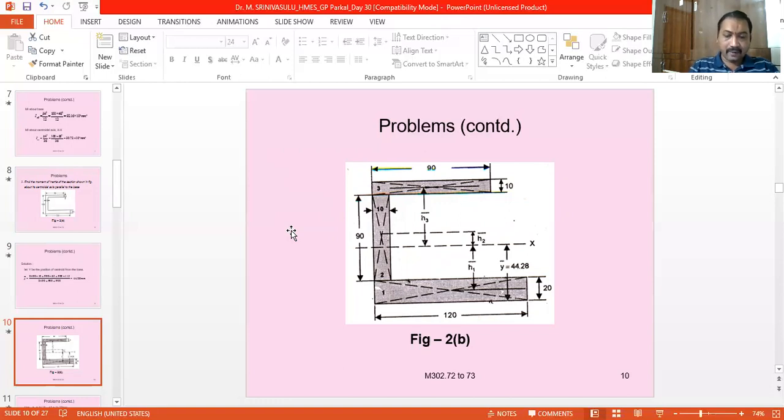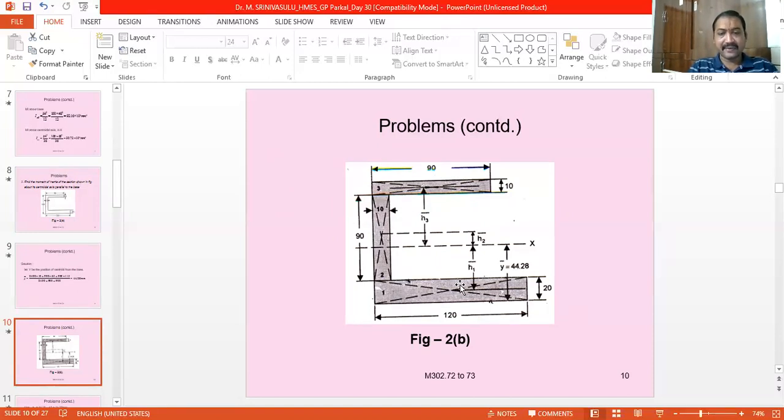If we extend the line up to this edge, this is rectangle 1, the bottom flange, this is the web, rectangle 2, and the top flange is rectangle 3.